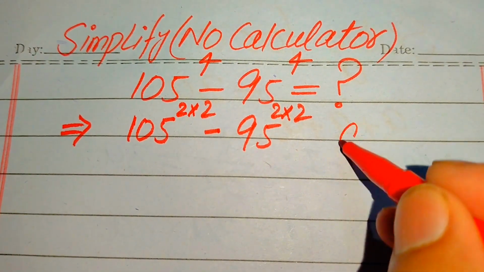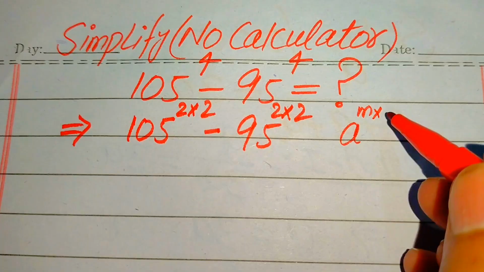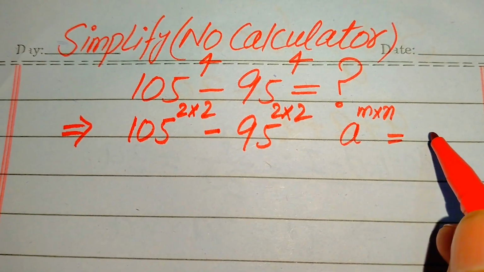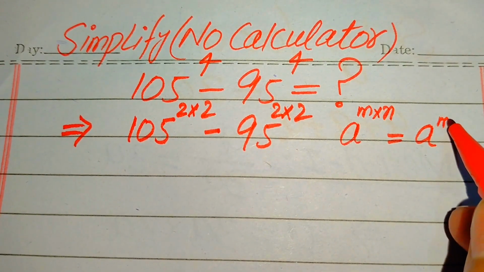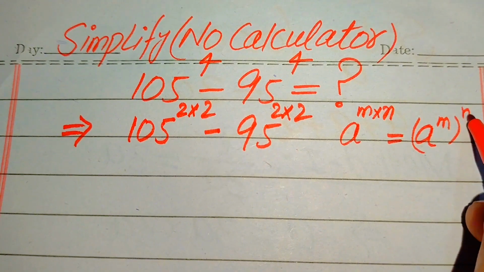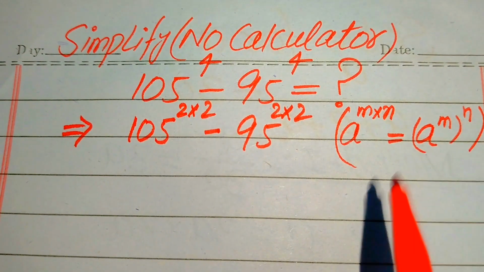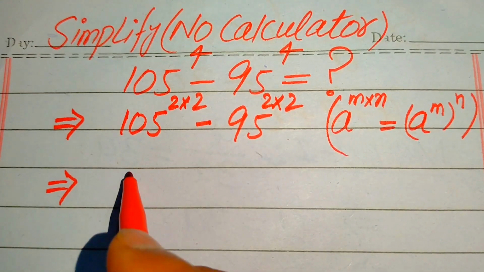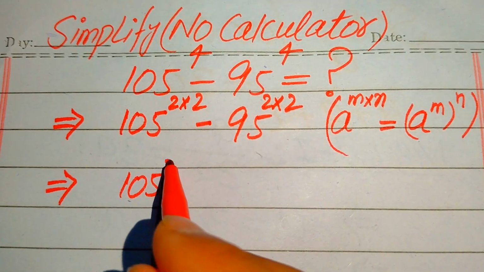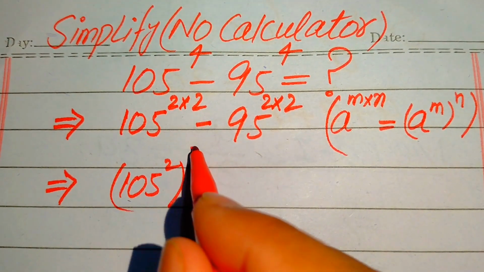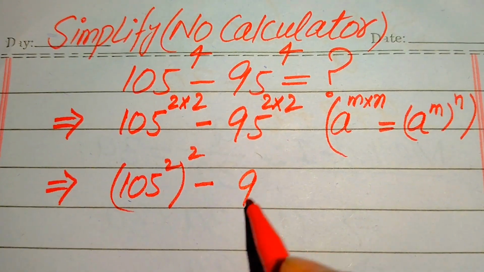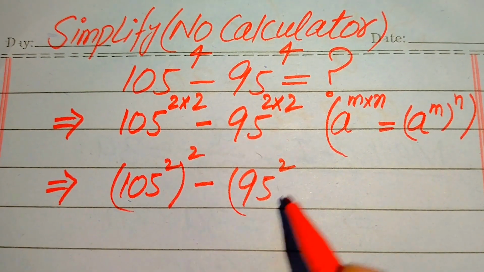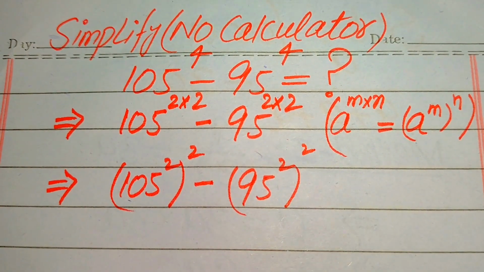You know about that: if we have a to the power of m multiplied by n, we write it as a to the power of m to the power of n. So according to this law, we write these terms in this form: this is 105 square and its whole square, minus 95 square and its whole square.